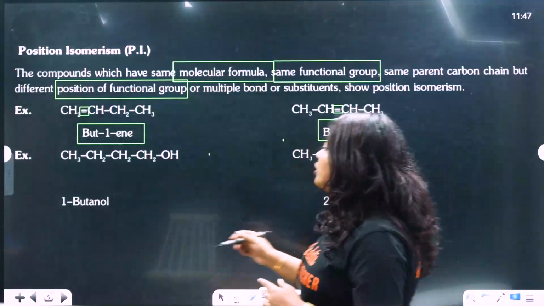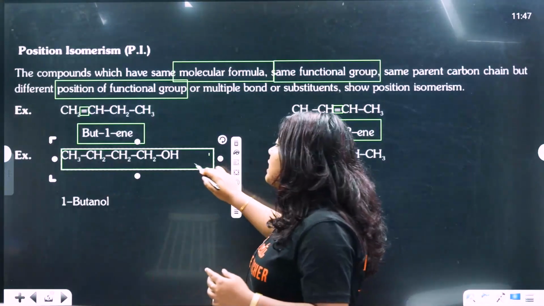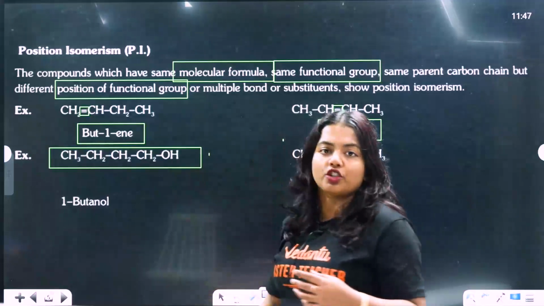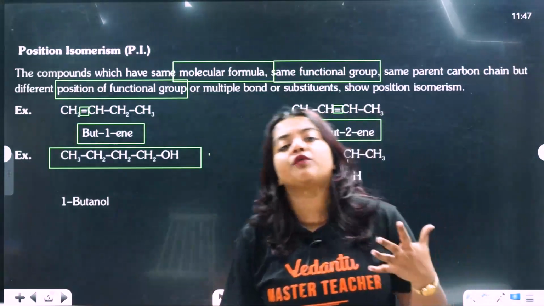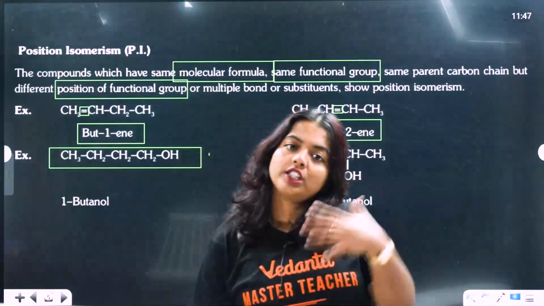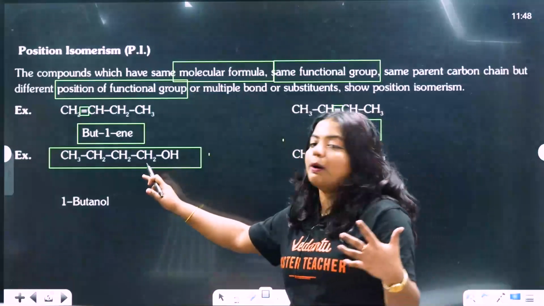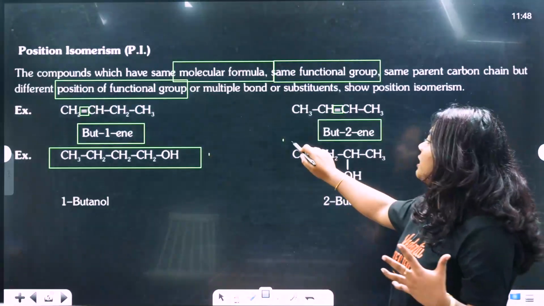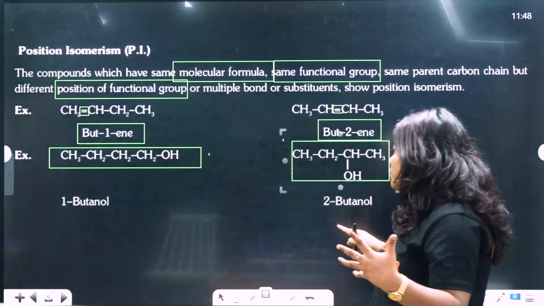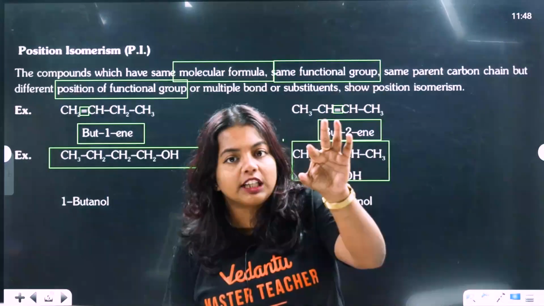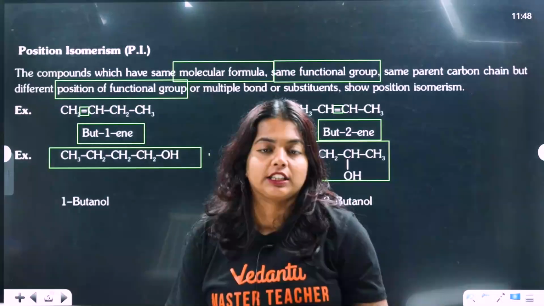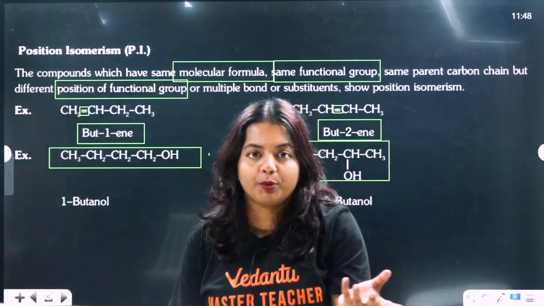Another example for position isomerism is butanol. See, OH is in the first position, right? Butane is there and one valency of the carbon is filled by the OH group. So OH is in the first position in the first one. But here, which position is OH in, students? It is in the second position. OH was in the first position, and now OH is in the second position.